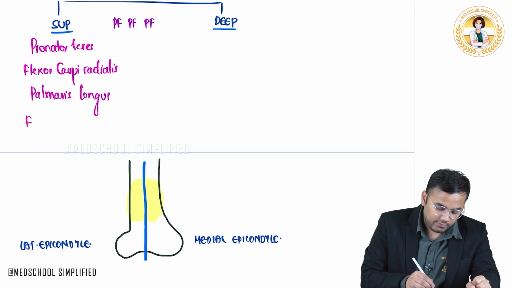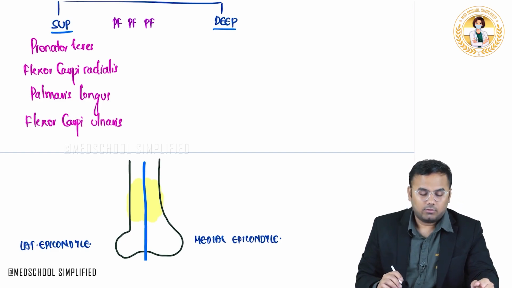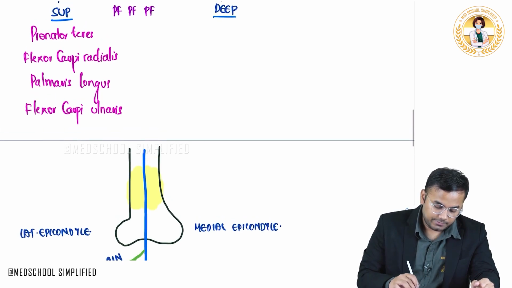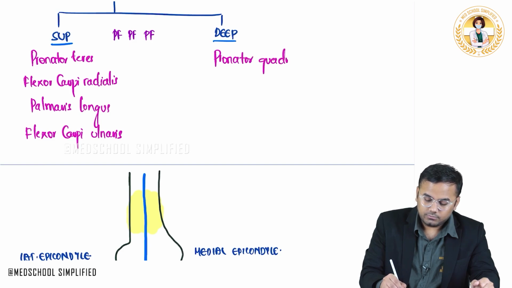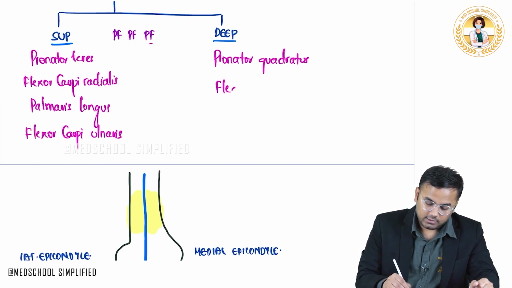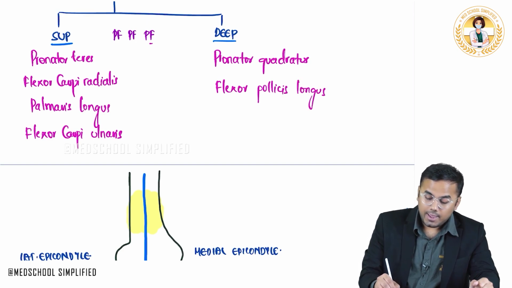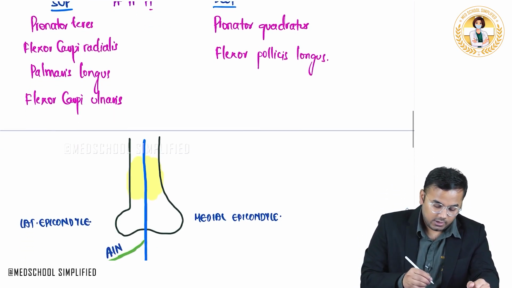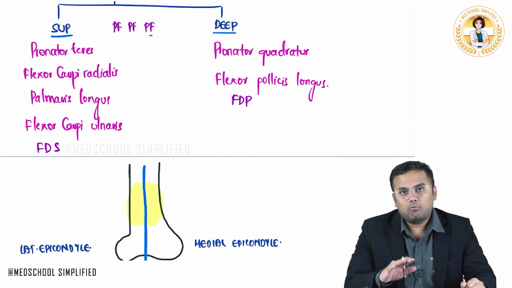And F stands for flexor carpi ulnaris. Next P stands for pronator quadratus. And next F stands for flexor pollicis longus. Apart from this, there are 2 more muscles you need to remember: flexor digitorum superficialis and flexor digitorum profundus. So these are the muscles I want you to remember.